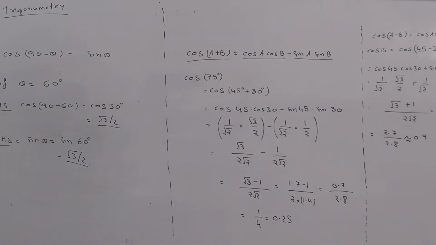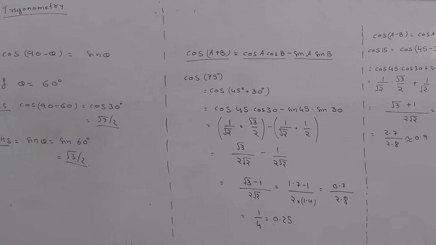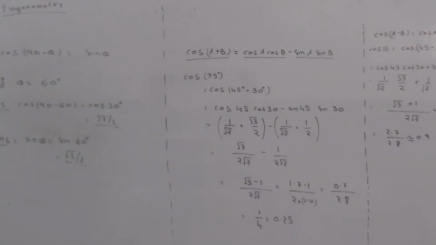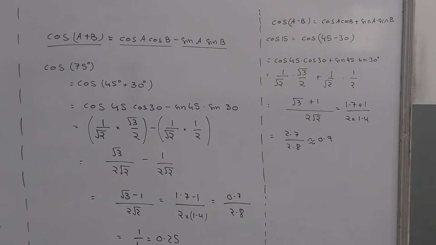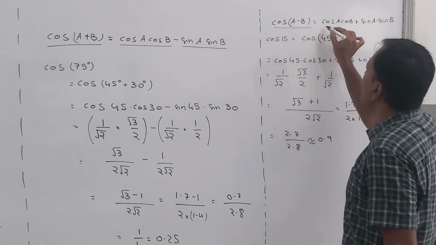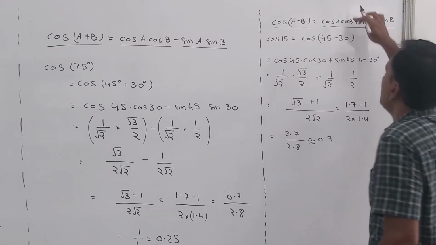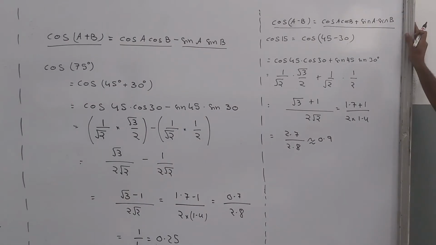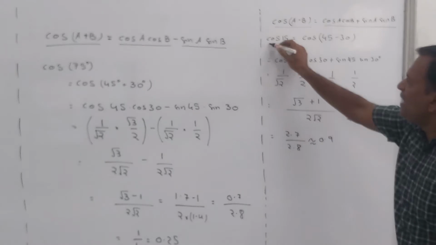Now, the value of cos 15 degrees. See this third part of the board? The formula to be used is this, a useful formula: cos(A minus B) equals cos A cos B plus sin A sin B. Now, finding the value of cos 15.